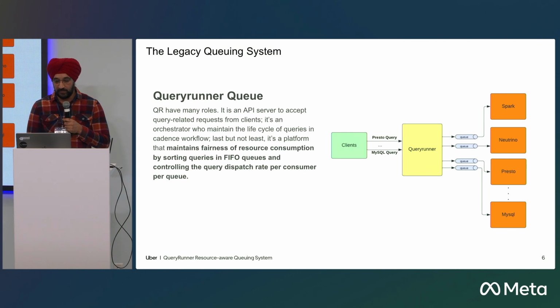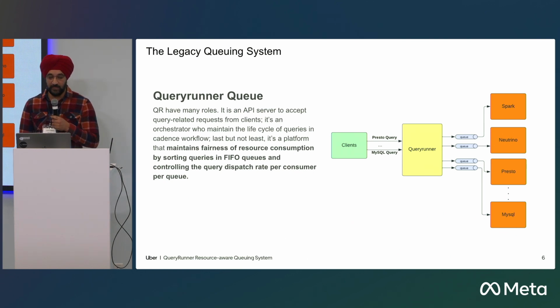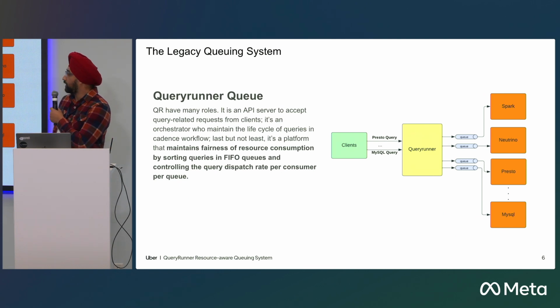Initially, when the system was started, the Query Runner had many roles. It's not only the front end for Presto, but also the front end for a lot of other data technologies like Spark, Neutrino. Neutrino is basically Pinot under Presto, and then of course MySQL and all that.